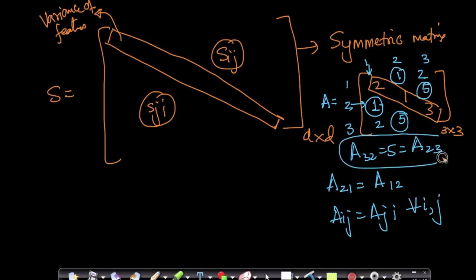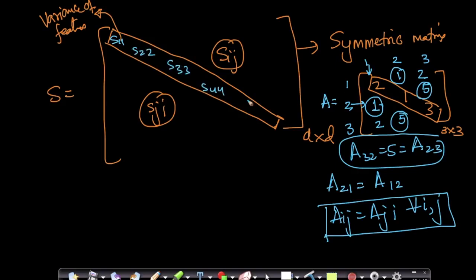As long as this condition is satisfied for all i comma j, and of course the diagonal elements will look like S11, S22, S33, S44, so on and so forth, SDD. So a matrix A is called a symmetric matrix if Aij equals Aji for all i comma j.